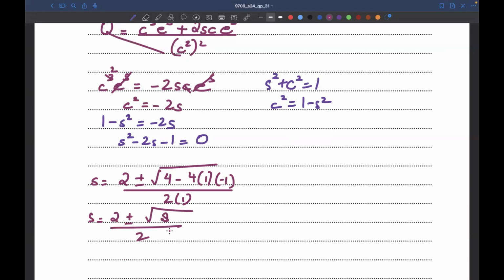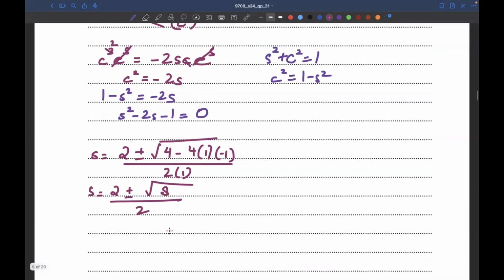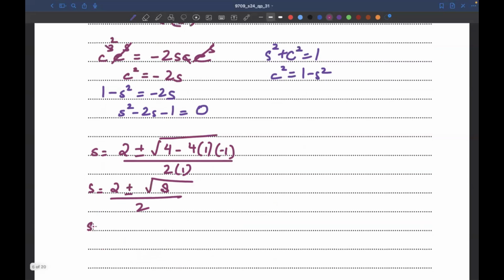Now, 2 plus square root of 8 divided by 2, one of the values of sine x will be equal to 2.414. But as it cannot be more than 1 or less than minus 1, we'll reject this value. And the other value of sine x will be 2 minus root 8 divided by 2, that is equal to 0.414.